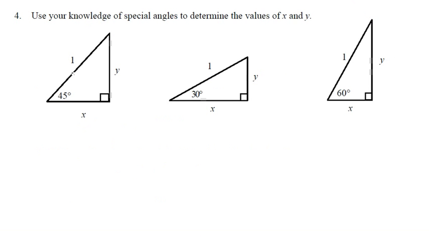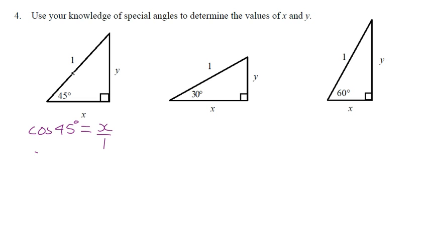Use your knowledge of special angles to determine the values of x and y. So just pretend these are angles within a circle, and this is a radius of 1. So what can we say about cos 45, let's say? Cos 45 is equal to, in terms of x, y, and 1, x over 1.